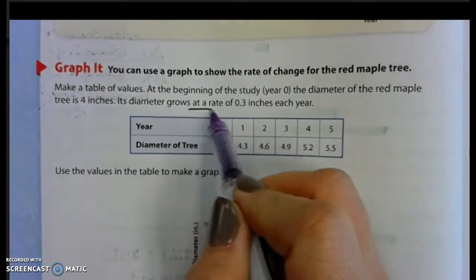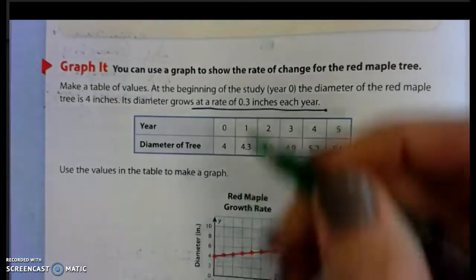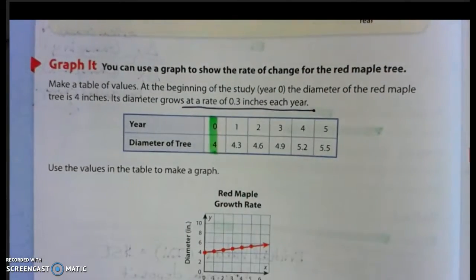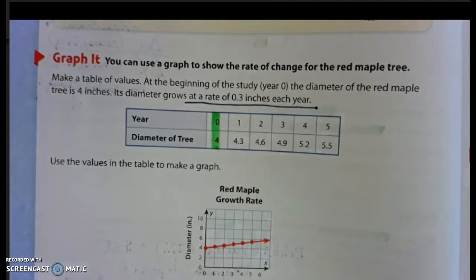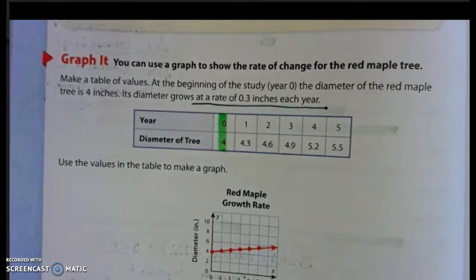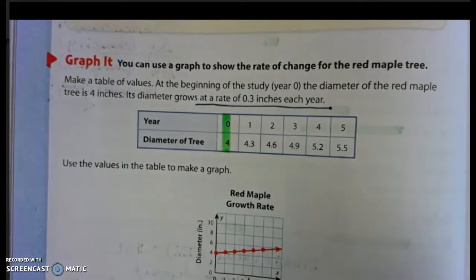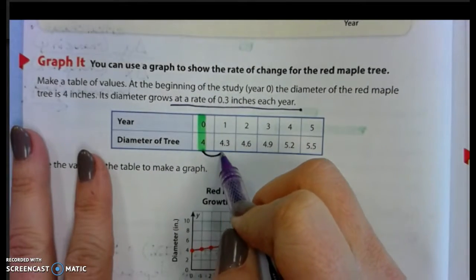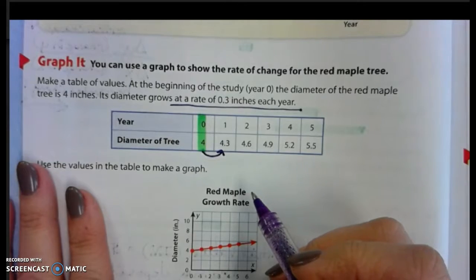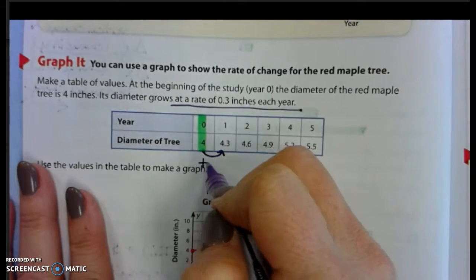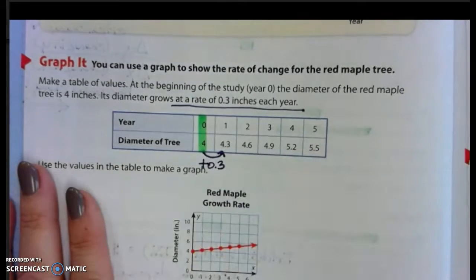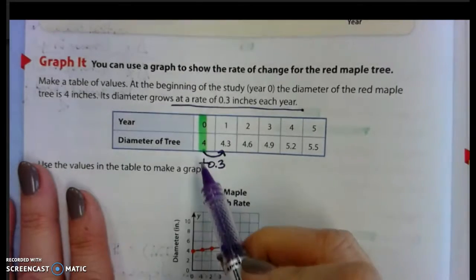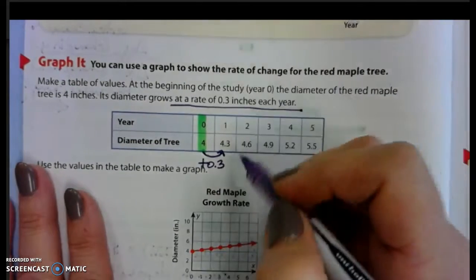Now remember, your rate is your pattern. The initial value is where we start. Year 0, it was 4 inches in diameter. Now, the rate of change will start at that 4 inches, and it's going to be a pattern that repeats. We are going to add 0.3 each year. So 4 plus 0.3 is 4.3.